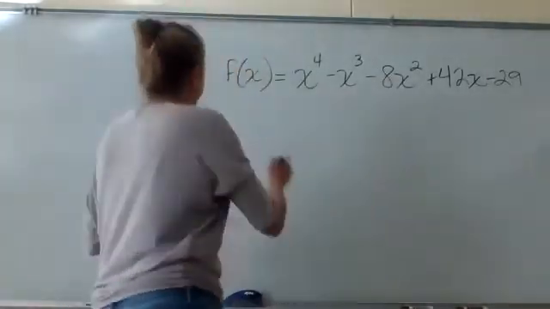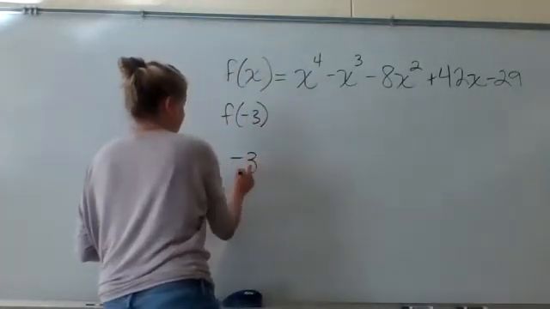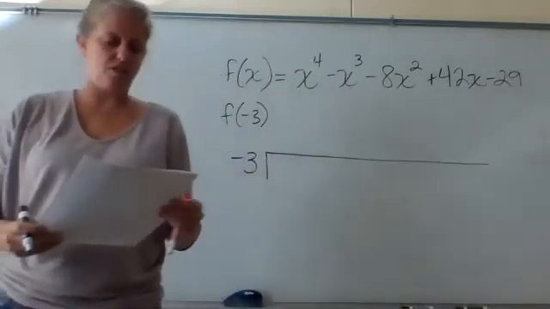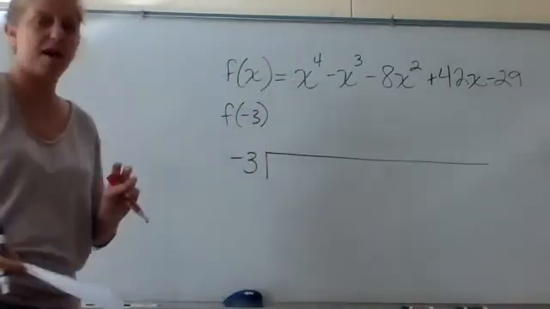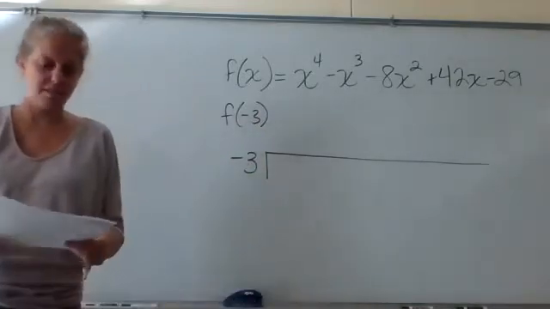And we're finding f of -3. So -3 is what I'm dividing into this polynomial function to see if it's a 0, to see if I graph this, would it cross the x-axis at -3?